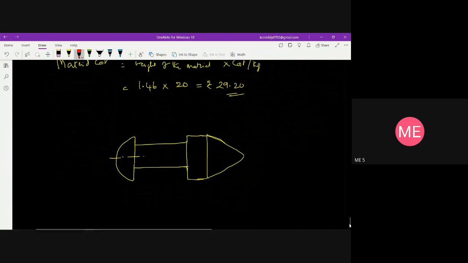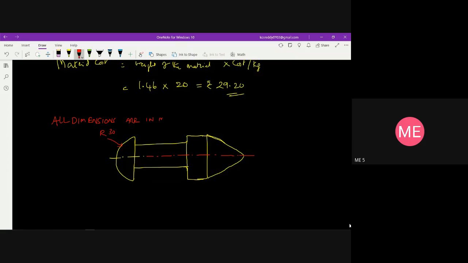Okay, so now this is the axis length. The axis is given. I have given the dimensions here, and all dimensions are in mm. So here it is 30, and the diameter of this cylinder is given as 40.